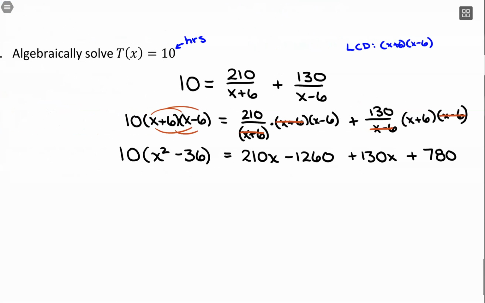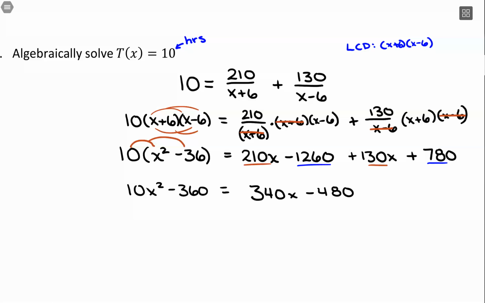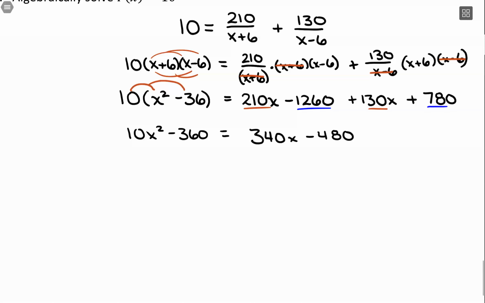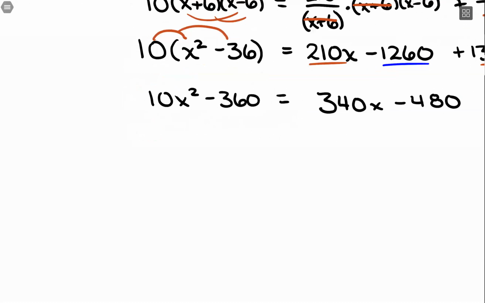Then I'm going to distribute 10. So we'll have 10x squared minus 360 equals, and then combining like terms with each other. So 210 plus 130, so that'll be a 340x. Negative 1260 plus 780 will be a negative 480. And this turned into something that's quadratic, since I can see my x squared term there, so I need to move everything to one side of the equation and have 0 on the other side.